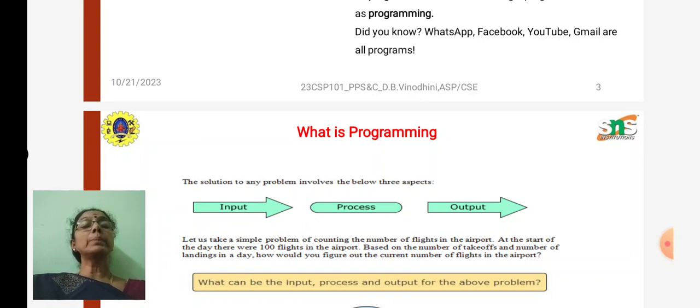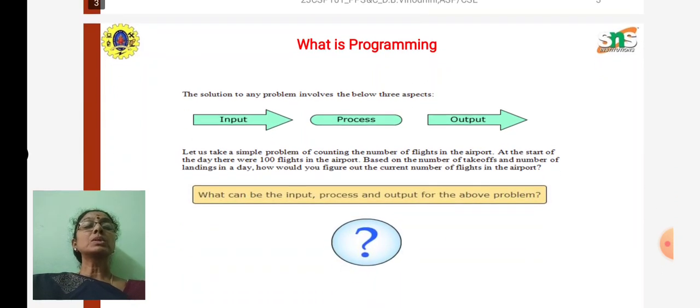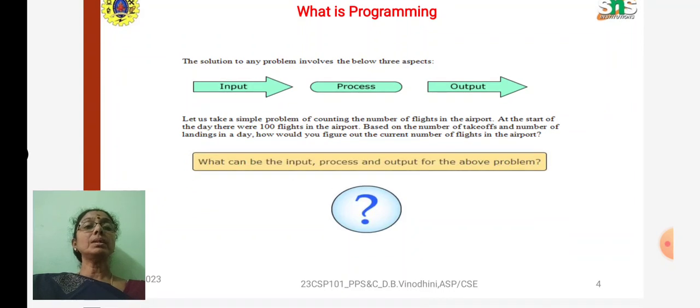The solution to any problem contains a three-way set of aspects: input, process and output. So how will you do it? Anyone can try. How will you calculate the landings and takeoffs of flights in any airport?